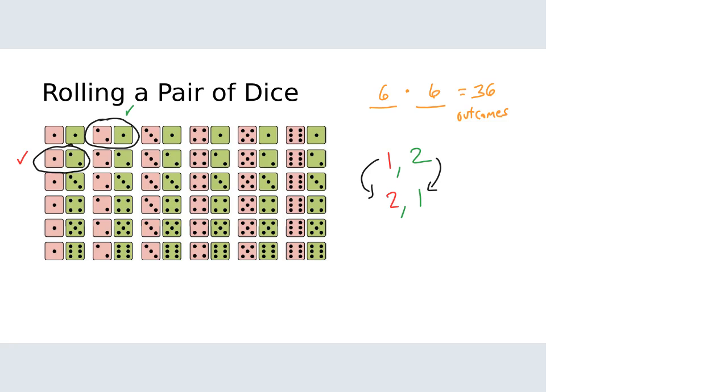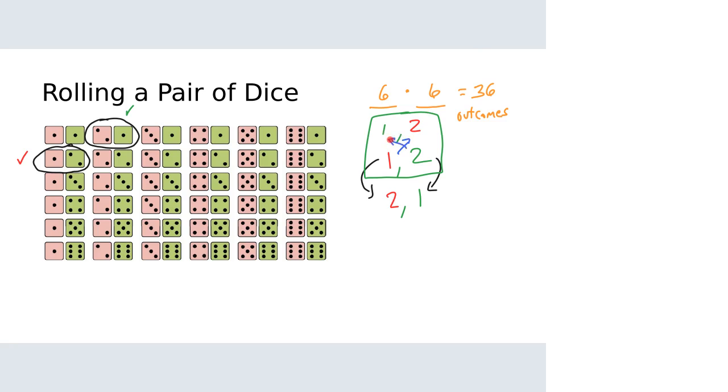And it's not because the 2 is on the left and the 1 is on the right. I could just as easily write it this way with the 2 on the right and the 1 on the left. And even still, looking at these, what's on the dice has changed. The red one went from a 1 to a 2. The green one went from a 2 to a 1.